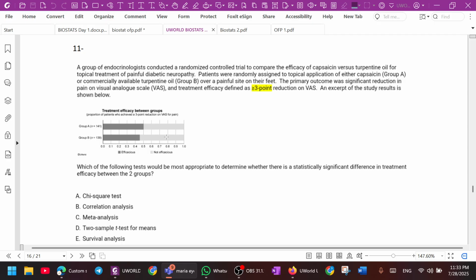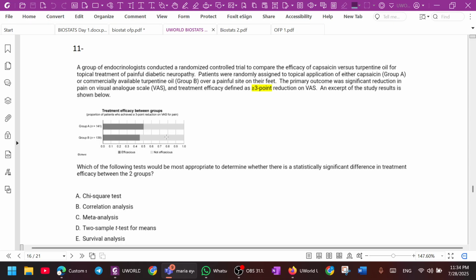A group of endocrinologists conducted a randomized control trial to compare the efficacy of capsaicin versus turpentine oil for topical treatment of painful diabetic neuropathy. Patients were randomly assigned to topical application of either capsaicin, group A, or commercially available turpentine oil, group B, over a painful site on their feet.